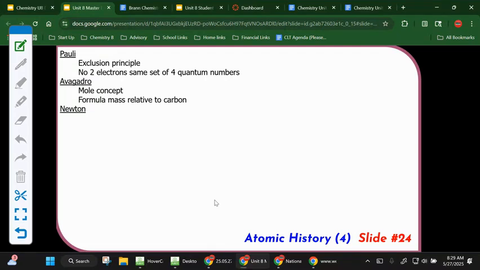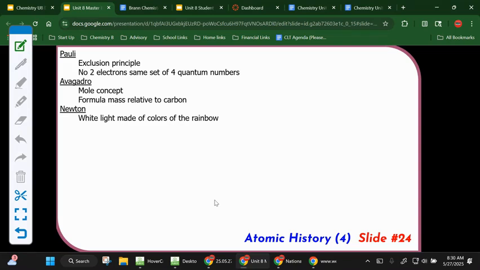Newton, ladies and gentlemen. Yep, that's the guy, Isaac Newton. Right? Famous scientist. He said that white light was made up of all of the colors of the rainbow. He gave us Roy G. Biv. Said white light was made up of all of the colors of the rainbow.